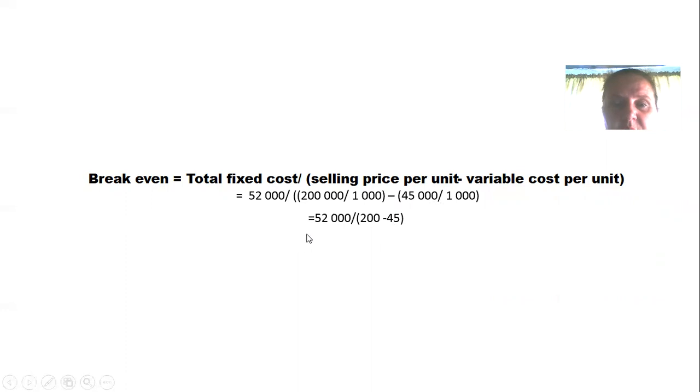Therefore, I have 52,000 above the line, divided by 200 minus 45. If you round it off, I've got 335 units. Always state whether you are busy with rand or units as well. And that is it. Thank you.